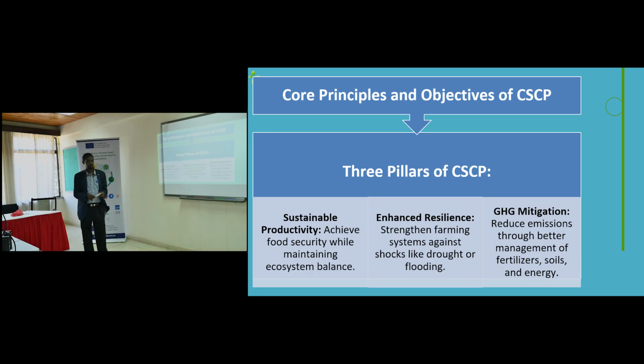Greenhouse gas mitigation. We need to be very careful. We need to adopt energy practices that do not release carbon footprint to the environment. What are these? Instead of using generators that use diesel, we use solar panels, which have almost zero carbon footprint.